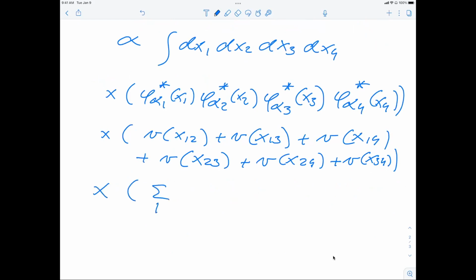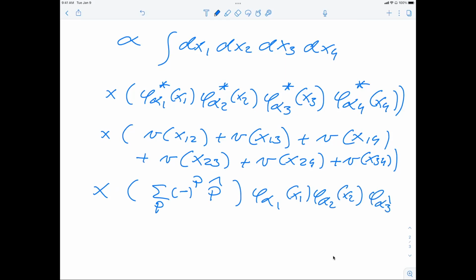So we have the sum over all the possible permutations of the permutation operator, and then we multiply with phi alpha 1 of x1, phi alpha 2 of x2, phi alpha 3 prime of x3, and finally phi alpha 4 prime of x4.